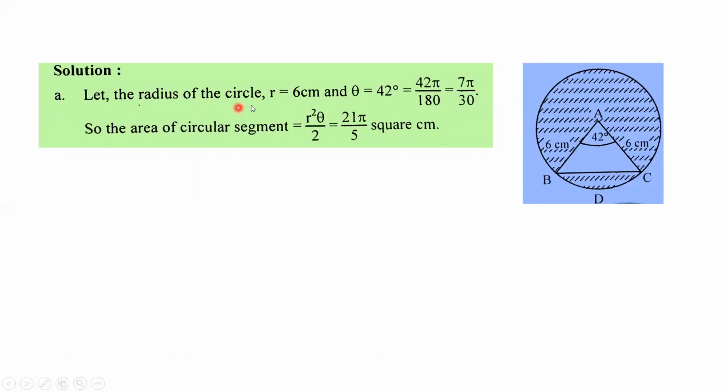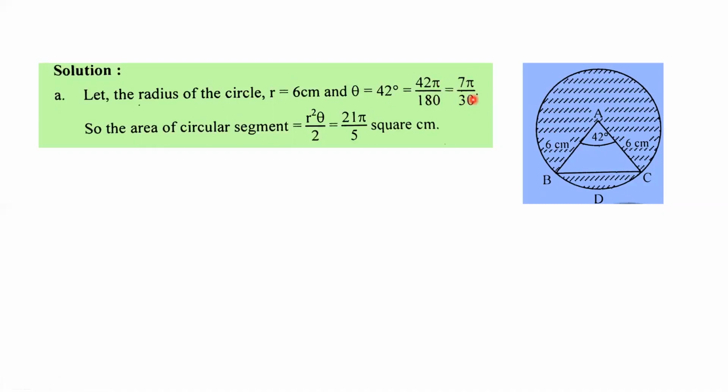Let the radius of the circle r equal 6 centimeters, and given theta equal to 42 degrees. We know 180 degrees equal pi radians, so 1 degree equals pi by 180. That is, theta equals 42 degrees, that is 7 pi by 30.